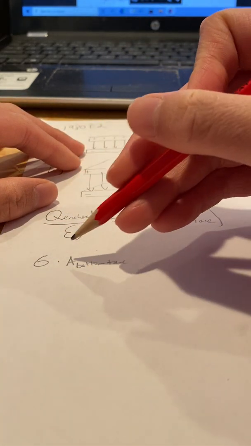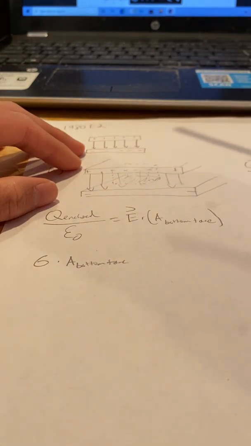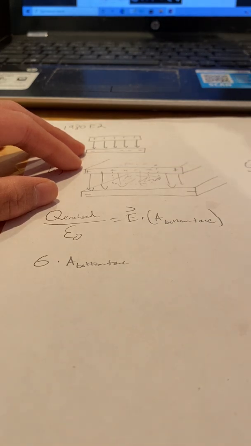Okay, so the total charge enclosed would equal the area of the bottom face, because obviously it's a rectangular box.